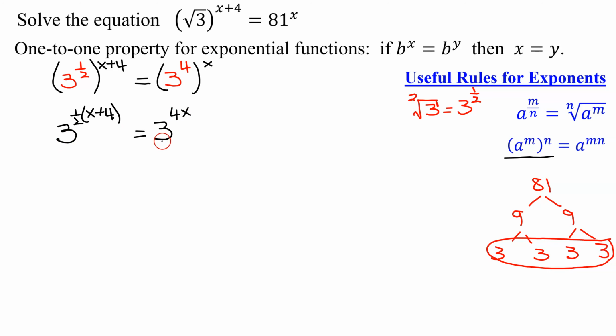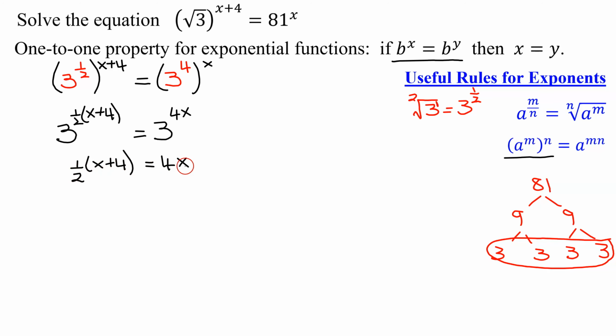Now my bases are the same. Since both of my bases are 3, I can set my two exponents equal. So I know 1/2 times x plus 4 has to equal the other exponent of 4x.